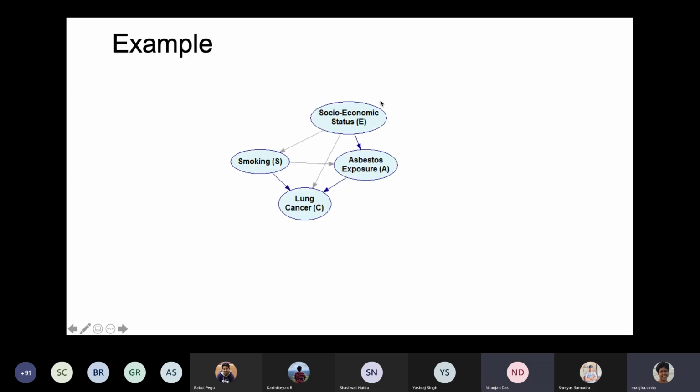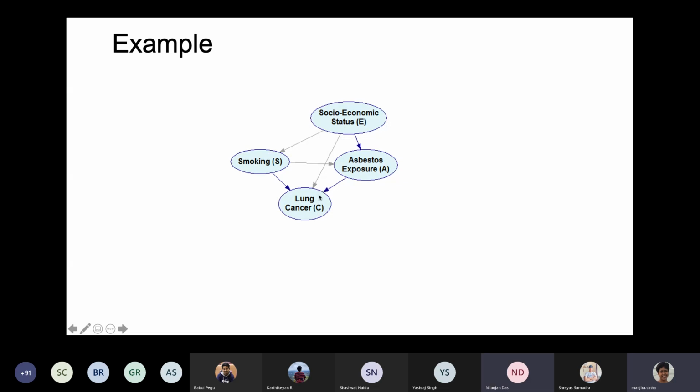Say, for example, in this network, you can very well ask the question: socioeconomic status is influencing asbestos exposure, which is in turn influencing lung cancer, so why do we also have this arrow?